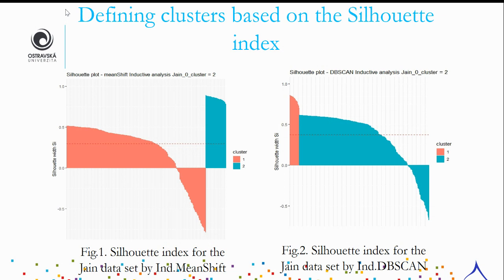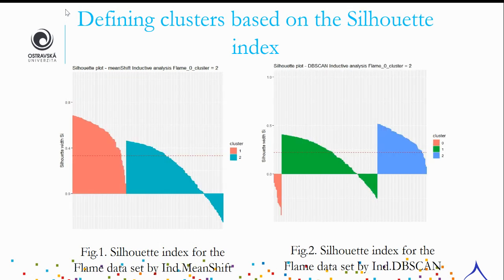We also use the silhouette index in order to estimate a number of clusters and the clustering quality. Based on these presented pictures, you can see that both algorithms detected two clusters in the data set. But in my opinion, they're quite similar. One class is dominating over the second one. Generally, there is no difference in this case.